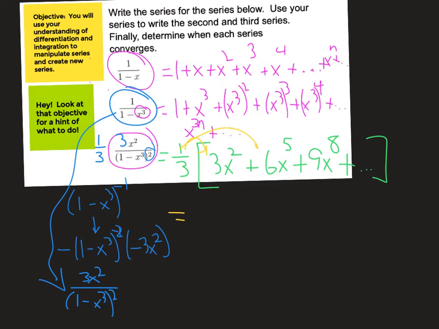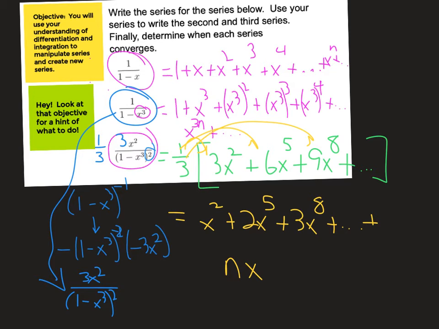I'm going to distribute that 1/3 in. So that's going to be x squared. A third of 6 is 2x to the 5th. A third of 9 is 3x to the 8th. So the general term is, whatever n is, x to the, going up by 3's each time, 2, 5, 8.